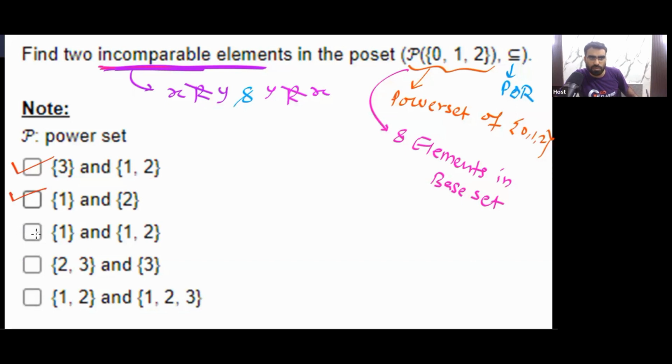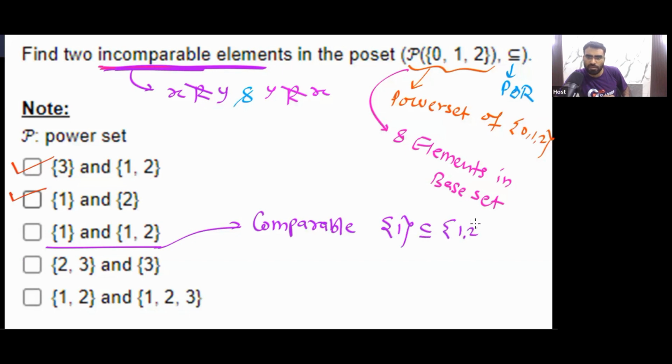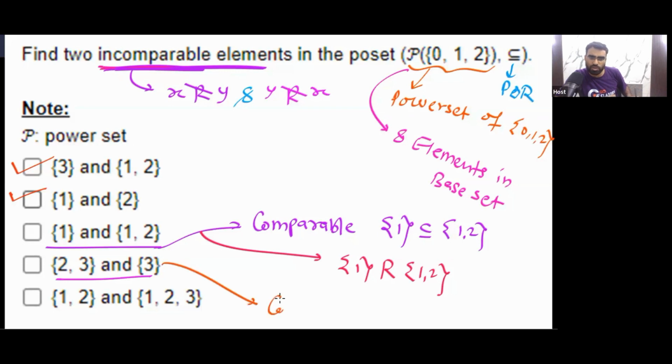These two, they are actually comparable, because this element is a subset of the second element. So the first element is related to the second element. What about this one? Yes, they are also comparable. These two elements are also comparable.